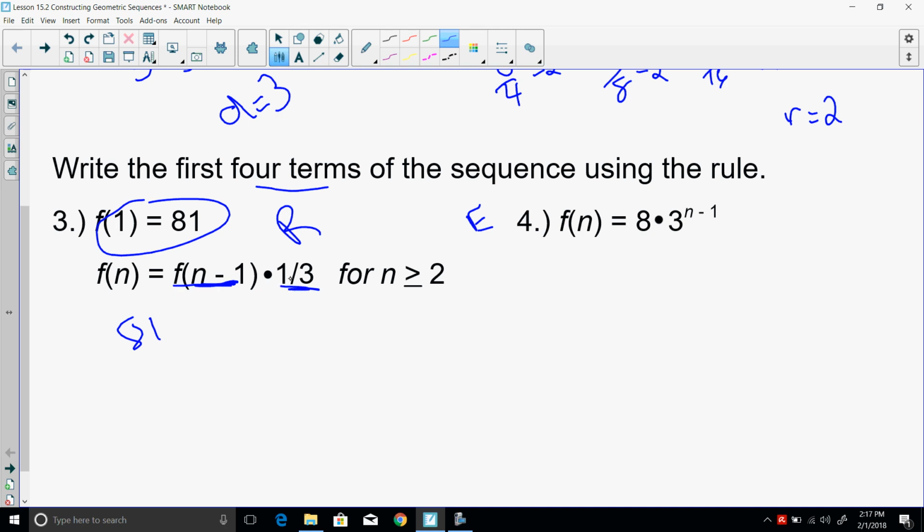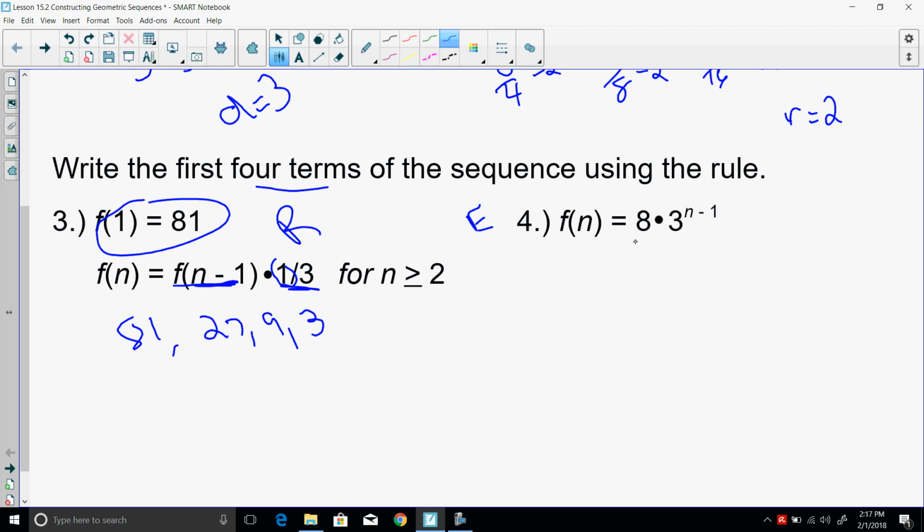What's the rule? Multiplying by 1/3. Remember, multiplying by 1 over anything is the same as dividing by that anything, only when 1 is in the numerator though. So if I take 81 and divide it by 3, I get 27. If I take 27 divided by 3, I get 9. If I take 9 divided by 3, I get 3. Those are my first 4 terms of the sequence.